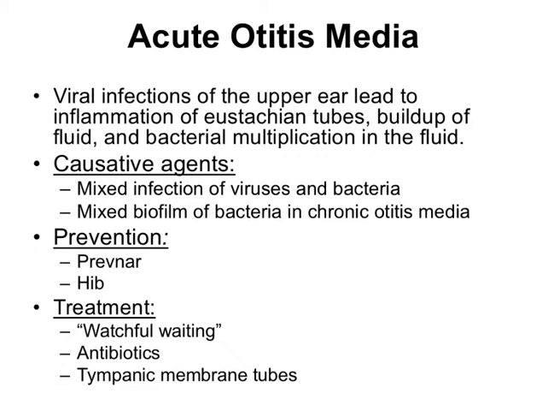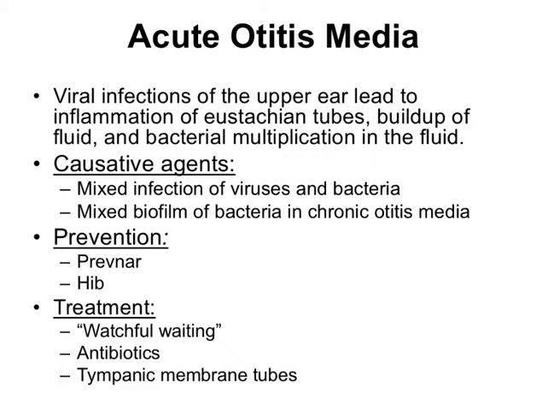This is one of the reasons why if you have a cold or a sore throat, you don't want to blow your nose, because that creates a positive pressure that forces the material up into the eustachian tube and into the middle ear, where infection can be set up. This can be a causative agent, virus or bacteria.